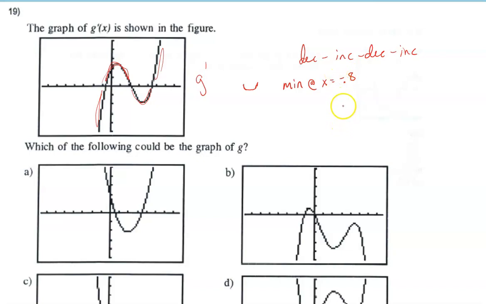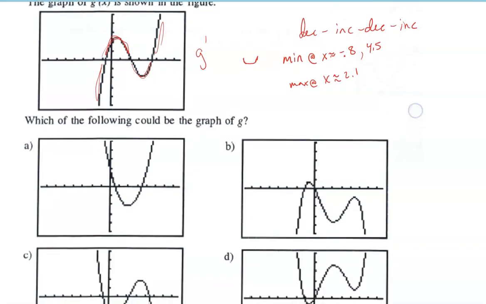Something a little bit to the right of -1. Okay, at about negative 0.8, and then again in between 4 and 5, so about 4.5. Okay, and then we have a max at x just a little bit bigger than 2, so let's say 2.1. So we're looking for something with 2 minima and 1 max that starts decreasing and then increasing, decreasing, increasing.